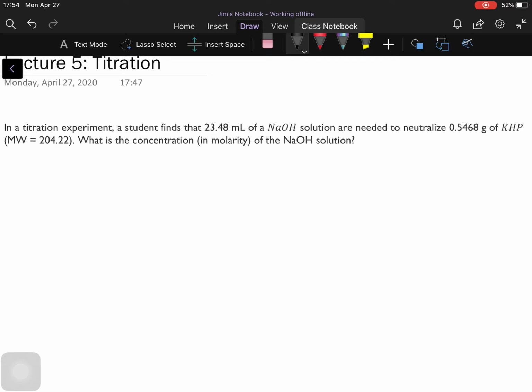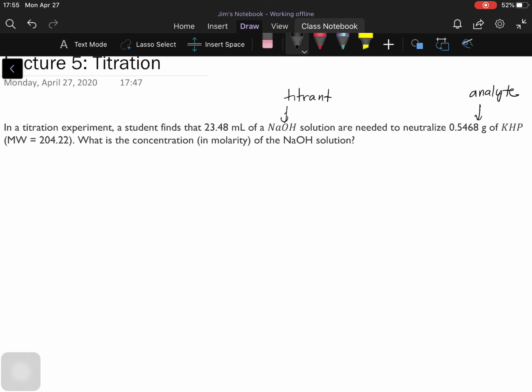So we have NaOH solution and grams of KHP. Which of the two is in solution form? Of course, that is the sodium hydroxide solution. So this is our titrant, and that means this one is our analyte.